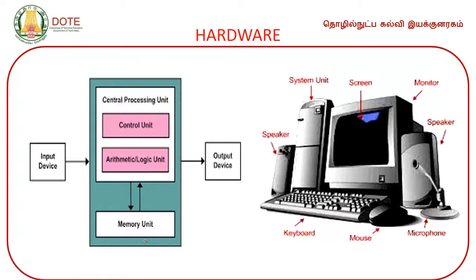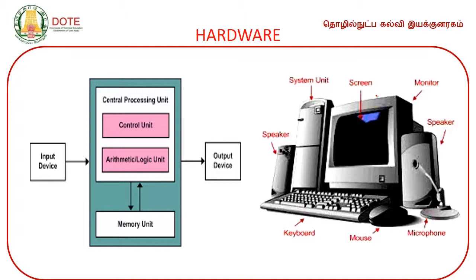In this picture, this is the entire computer system. It has a system unit, a screen which is a monitor, and keyboard, speakers, mouse.